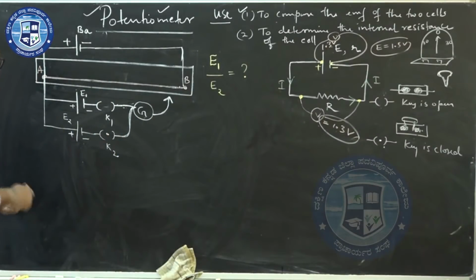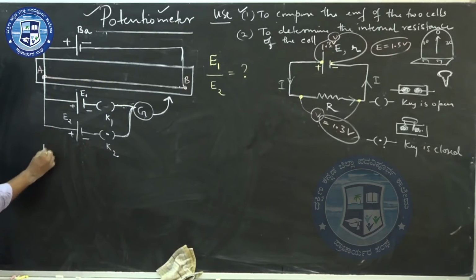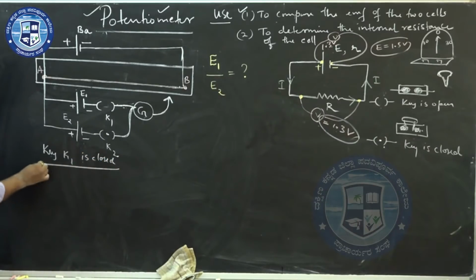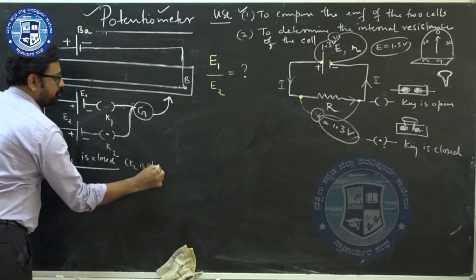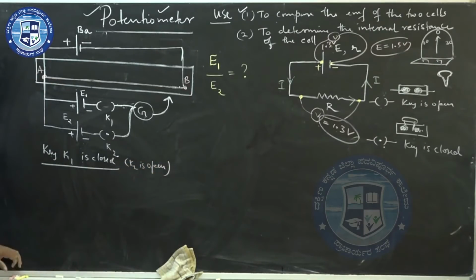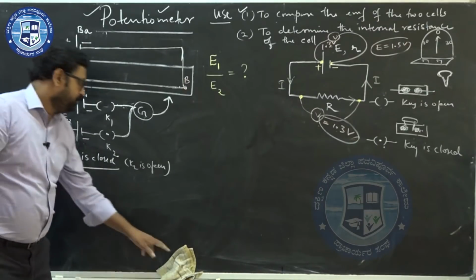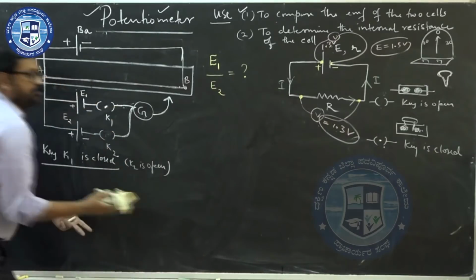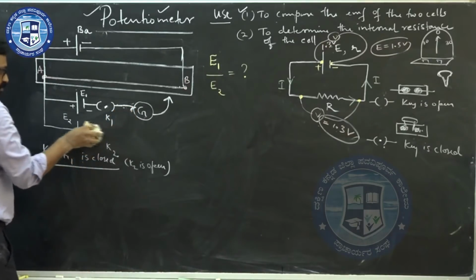Okay, now I will close the key K1. Key K1 is closed. K2 is open. When K1 is closed, K2 is open. Don't you think that since K2 is open, it is as good as saying that it is better to remove this portion.